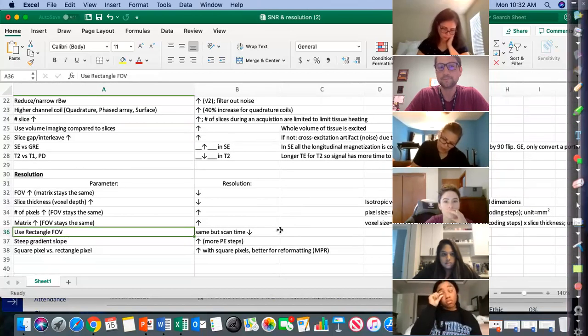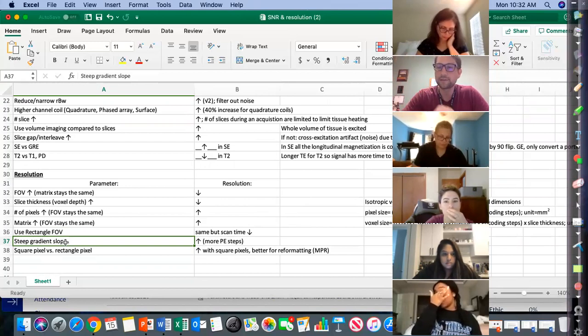And then the last row, 37 here, one we skipped. If we have a steep gradient slope, meaning we pump more current through that particular gradient, it creates a steep slope.